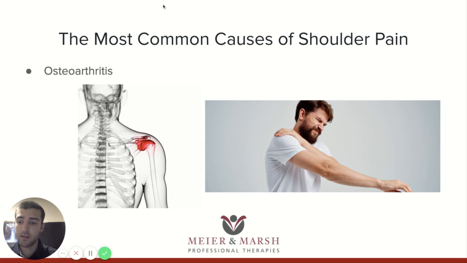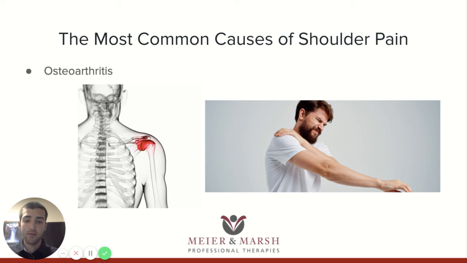And another common cause is osteoarthritis. This is a term that many of us have heard before. But really what osteoarthritis means in Latin is joint inflammation. And really what it means is that there's inflammation around the joint because there's something that's mechanically altering the joint itself, whether it be weakness, lack of joint space, or motion restrictions.